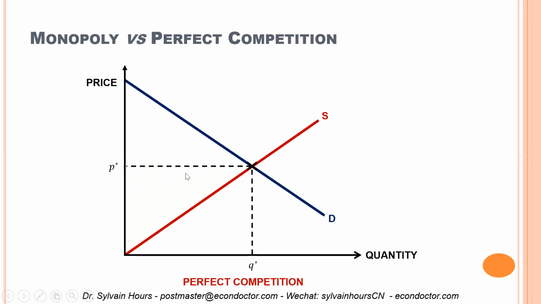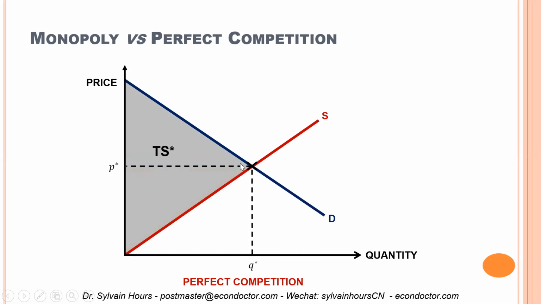You know that consumer surplus is represented by the upper triangle, whereas producer surplus is the lower triangle. So this is in perfect competition. I'm using star to indicate that this is the value of consumer surplus and producer surplus in the competitive equilibrium. And if I add these two areas, I will get the total surplus.